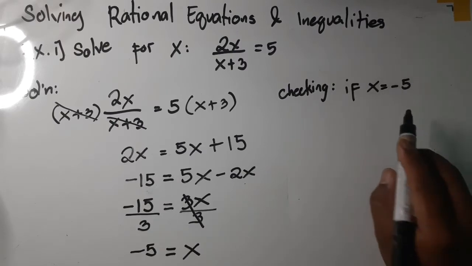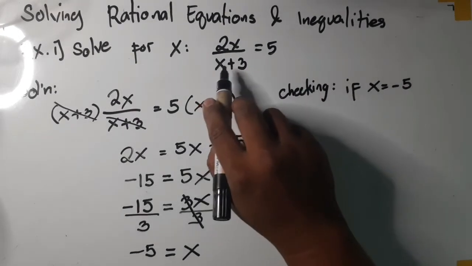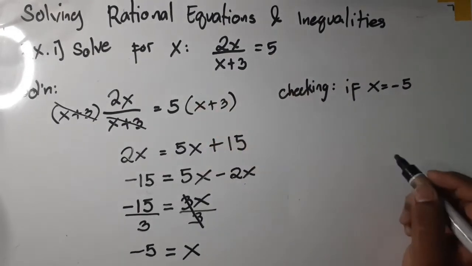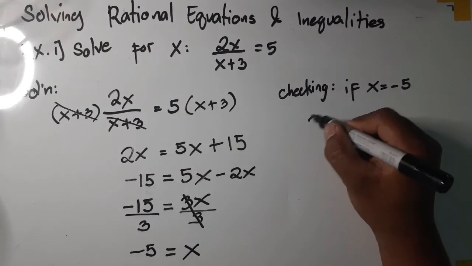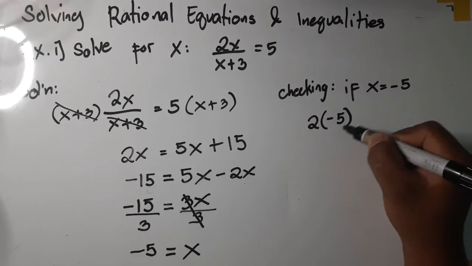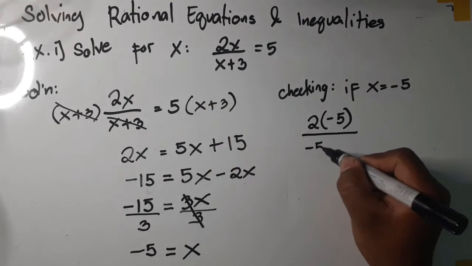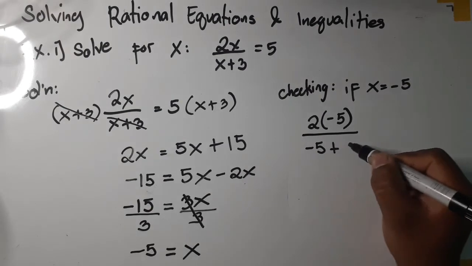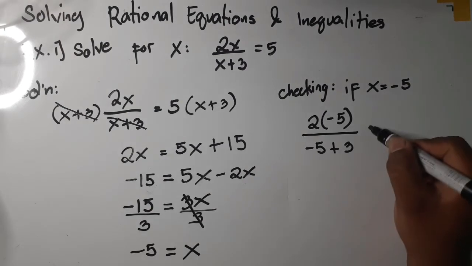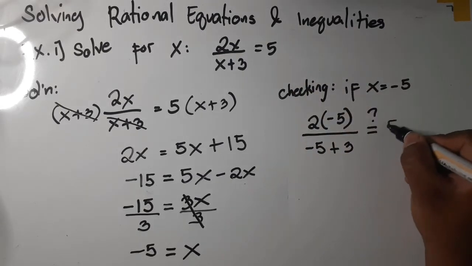This negative 5 will be substituted into your original equation. Replace all x by negative 5. So you have 2 times negative 5 over negative 5 plus 3. Is it equal to 5? Put a question mark.